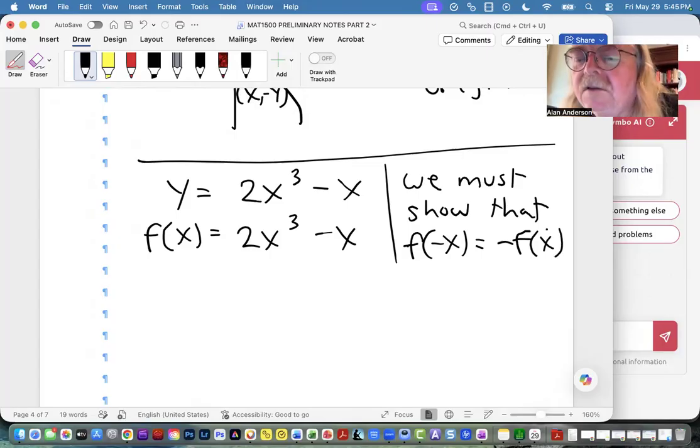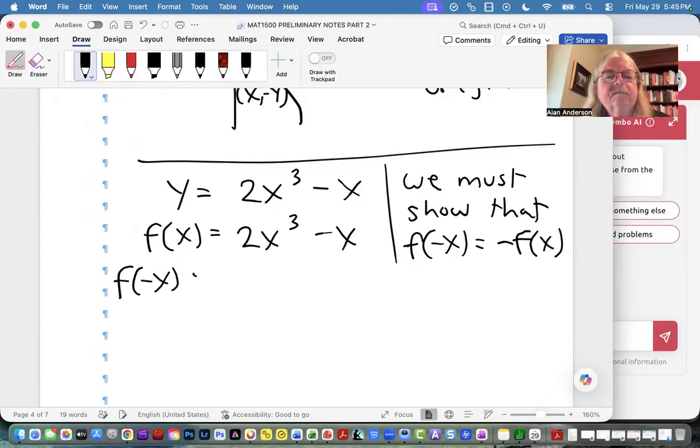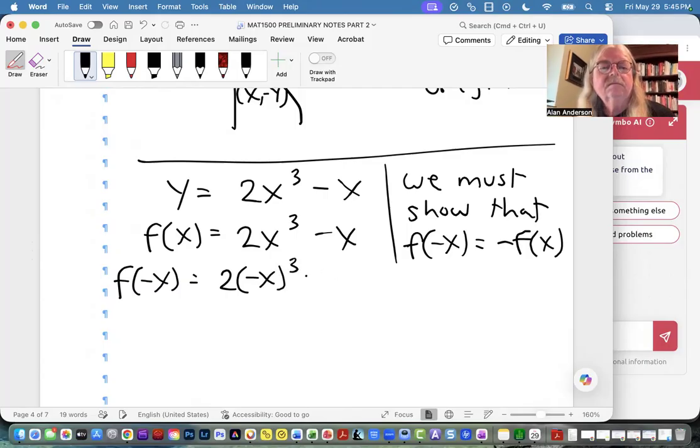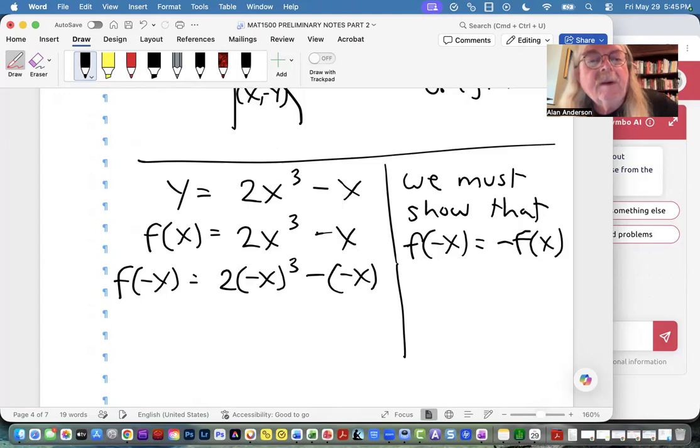That's really our target: for every x, f of negative x is identical to negative f of x. So f of negative x looks like this. Remember, again, what you're trying to do here is every x is now being replaced with negative x.